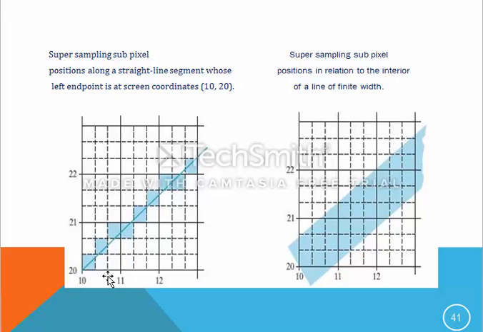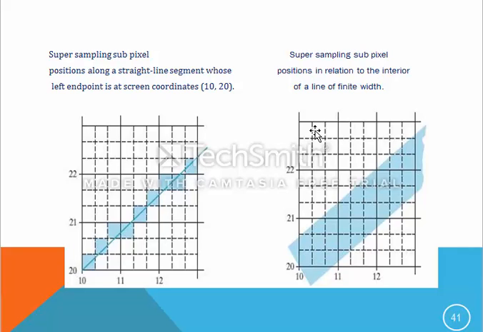The pixel position at 10,20 is set to the maximum intensity, that is level 3. Pixels at 11,21 and 12,21 are set to the next highest intensity of level 2, and the pixels at 11,20 and 12,22 are each set to the lowest intensity, that is level 1. Thus, the line intensity is spread out over a greater number of pixels to smooth the original jagged effect.